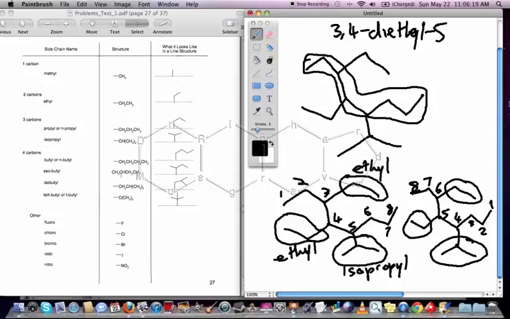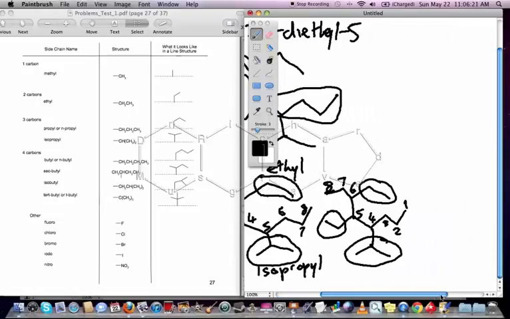And we know the isopropyl group is at 5 on the chain. 5-isopropyl, and octane is the name of the base chain in this instance.